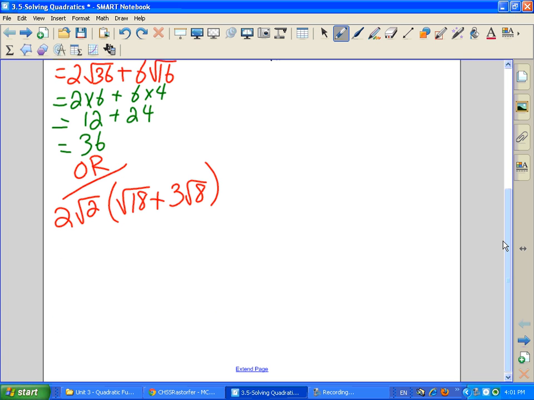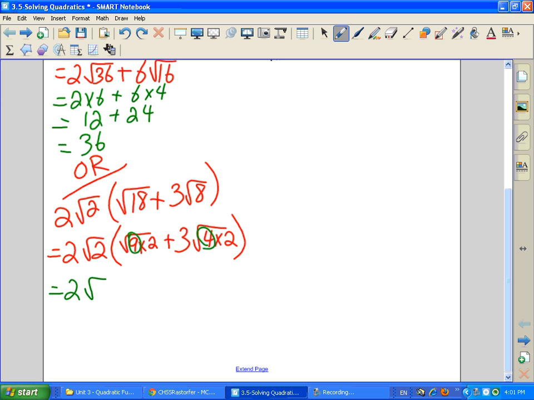So taking a look, we have 2 root 2, and then we can simplify this to root 9 times root 2 plus 3 times root 4 times 2 under the square root. Okay, and then we're going to bring our perfect squares out. So we have 2 root 2 times 3 root 2 plus 6 root 2.